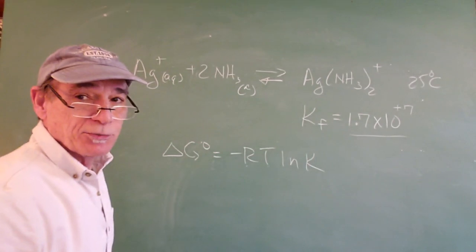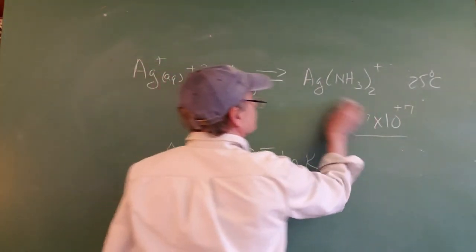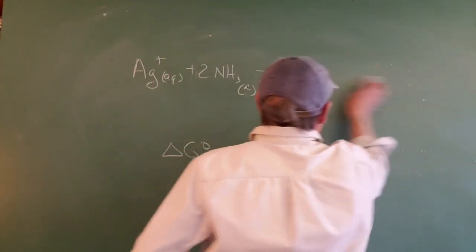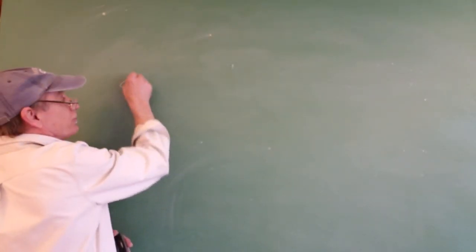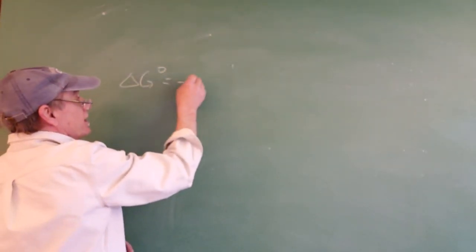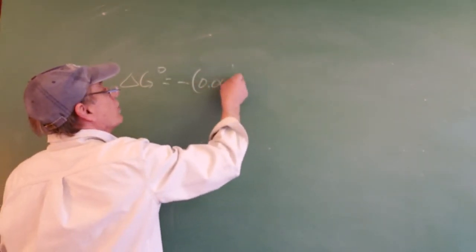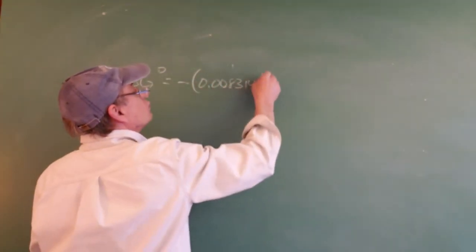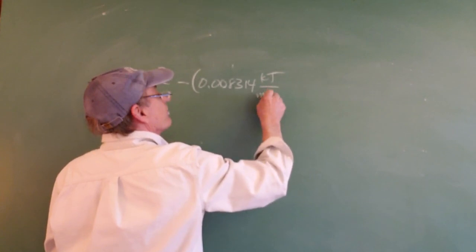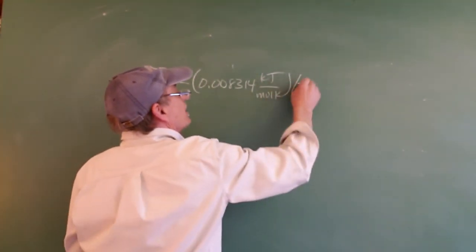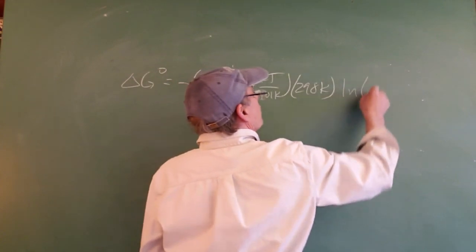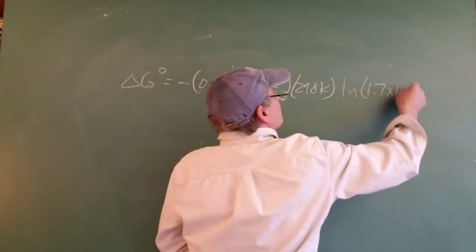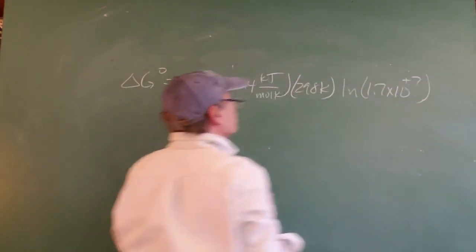Let me make a little bit of room. Delta G naught then should equal negative 0.008314 kilojoules per mole K, times 298 K, times the ln of 1.7 times 10 to the positive 7th.